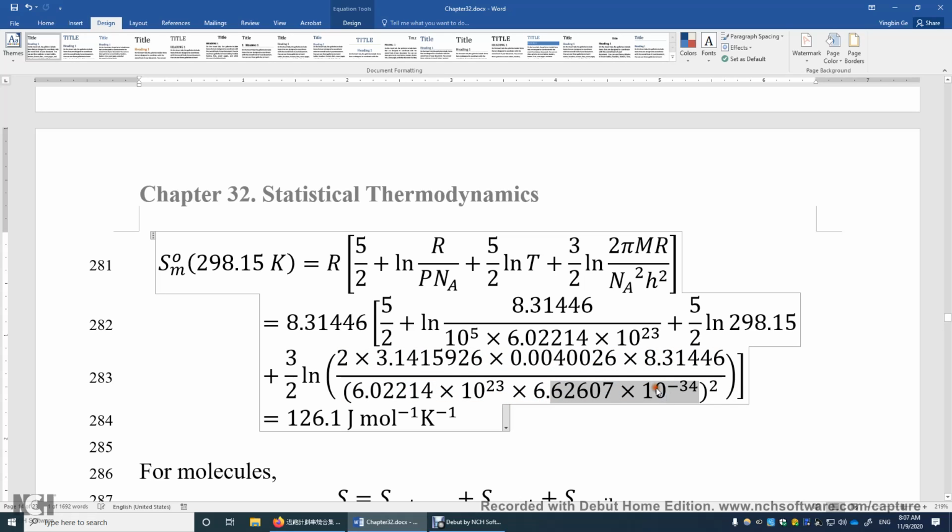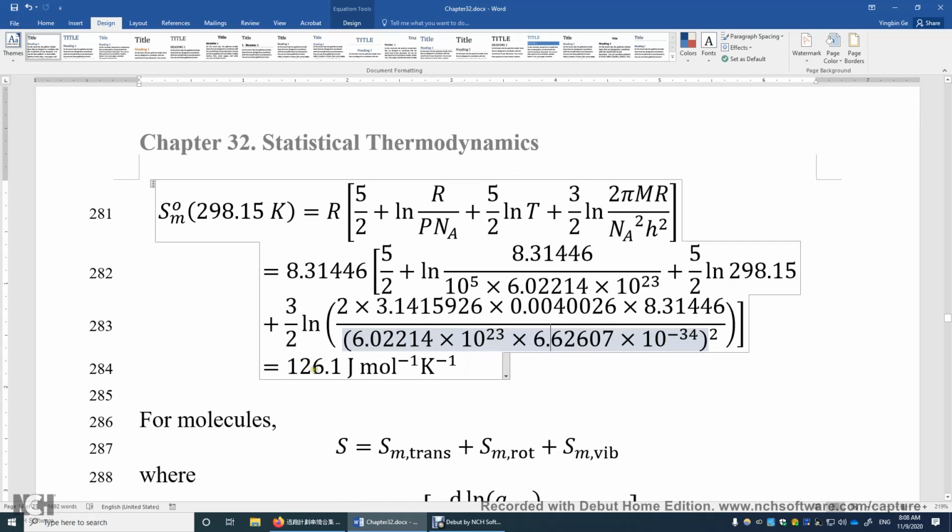This is the Planck constant squared. Again, because these two are both squared, I just did the multiplication first and then squared the product. All right. The result is 126.1 joule per mole per Kelvin. If you look up the literature value of helium, I think it's 126.1 joule per mole per Kelvin.